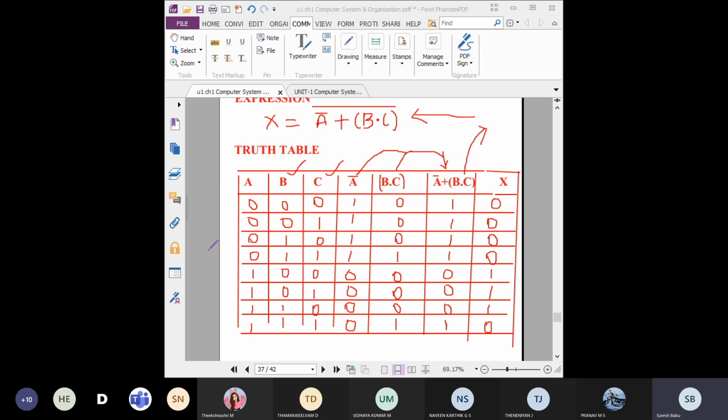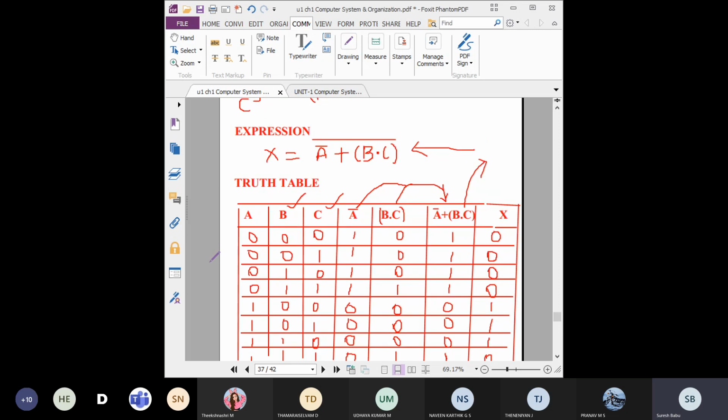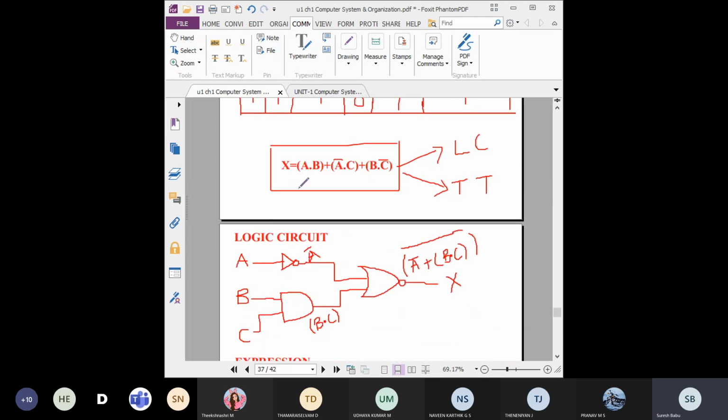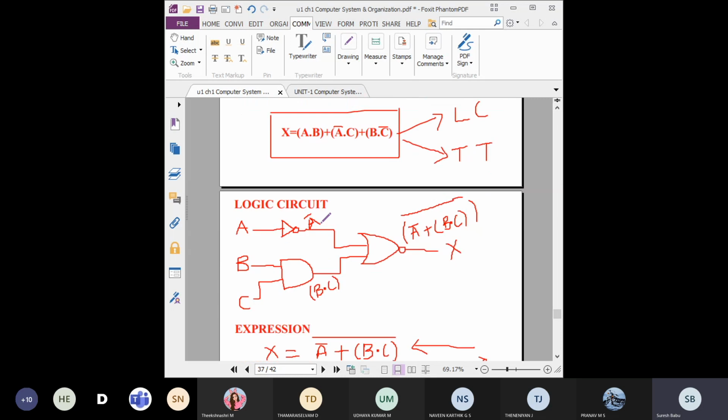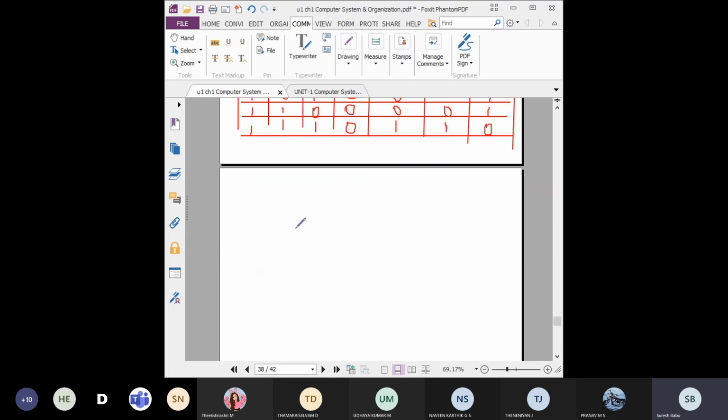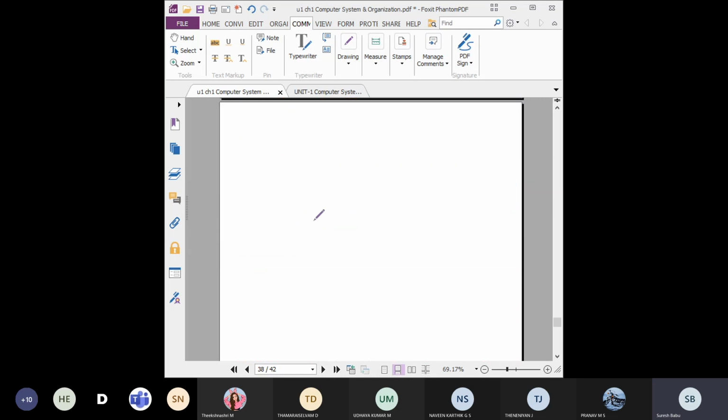Okay, good. If we are not having any doubts, you can do this homework. This is one homework, and for the second homework I will give a logic circuit. Just listen: draw the logic circuit as homework, and you have to find the expression and the truth table.